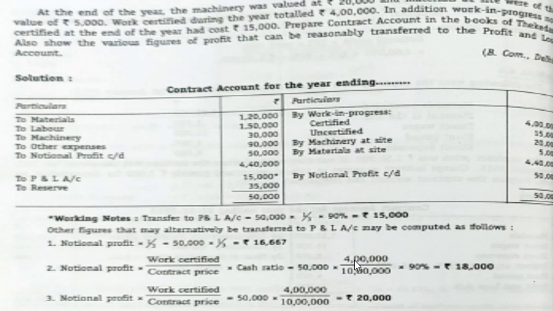So 50,000 into 4 lakh, your work certified, divided by contract price 10 lakh, into cash ratio 90%, which will give you 18,000. Then the third alternative, notional profit into work certified divided by contract price: 50,000 into 4 lakh divided by contract price 10 lakh, which will give you 20,000.